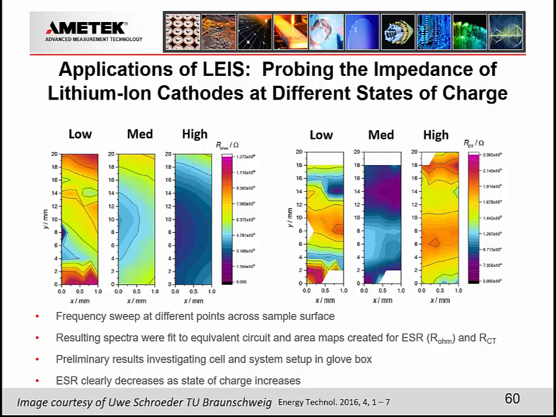This is that data map at low, medium, and high states of charge, and we can visually see, we can provide spatial resolution to where the impedances are changing on the electrode surface throughout the processes, right? So a really high information content technique of impedance spectroscopy coupled with scanning probe technology to give us spatial resolution.